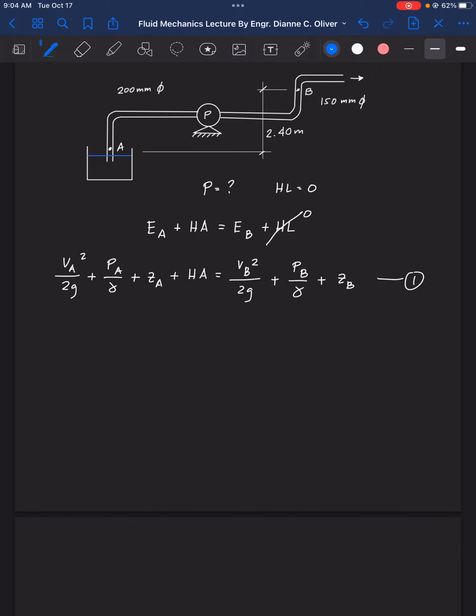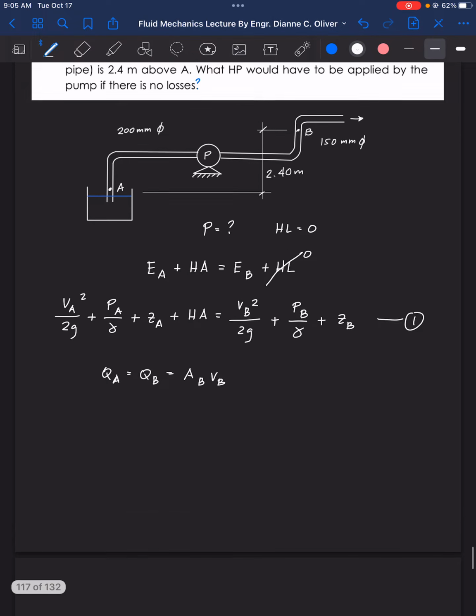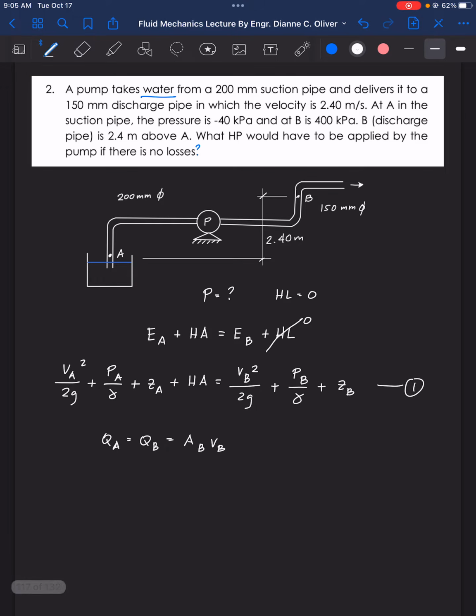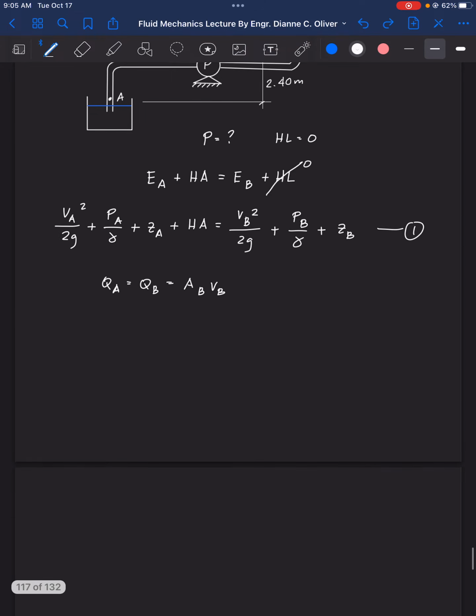And since this is a series flow, we can say that QA is equal to QB, and that is equal to the area at B times the velocity at B. Given the velocity at B, 2.4 meters per second at the 150 mm discharge pipe, we can get the value for Q. So 150 mm diameter and 2.4 meters per second.